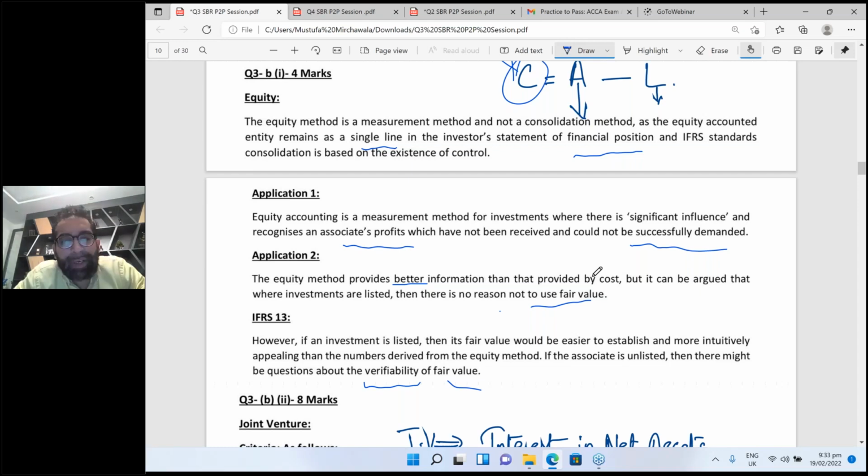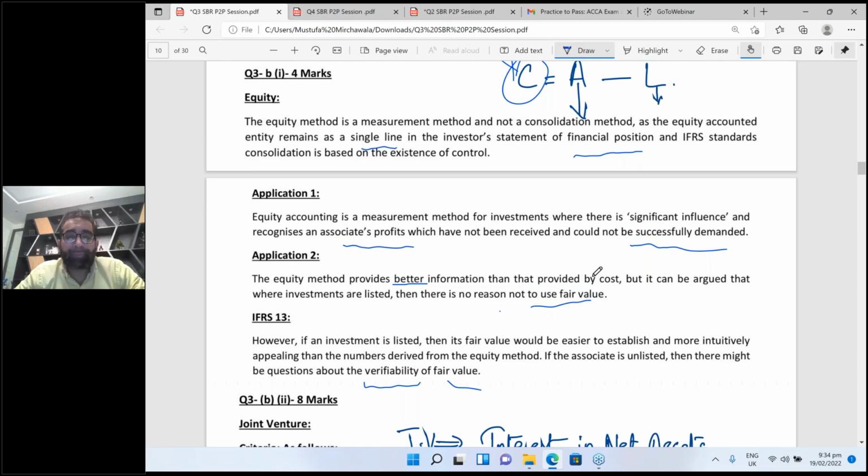Then this fair value will be totally judgmental, right? It would be very difficult to say whether this fair value is real or not. It will be a judgment-based thing.